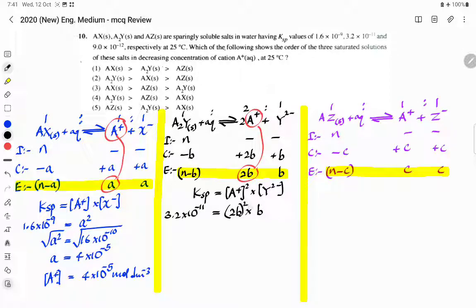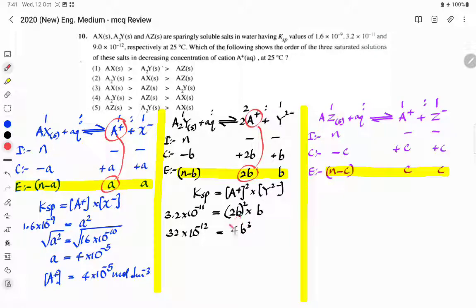Now this should be squared here. Let's convert this into an easily simplifiable value, 10^-12. This is 4b cubed.